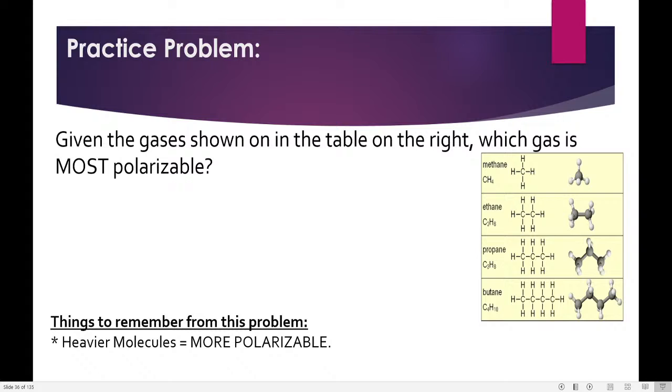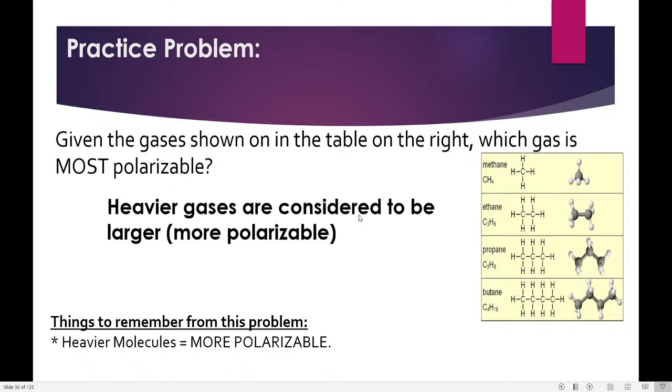How about butane all the way on the bottom, right? So how can I tell? Well, it has the heaviest molar mass, but it also, look at this, has the longest chain, which is another way of thinking about molar mass, right? So the one that is more polarizable is the one that is heaviest or has the longest chain, and that's butane in this case.